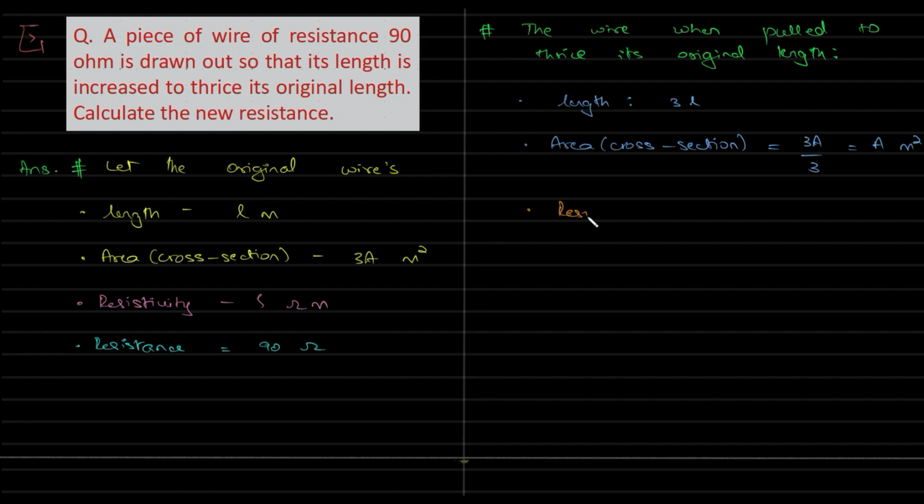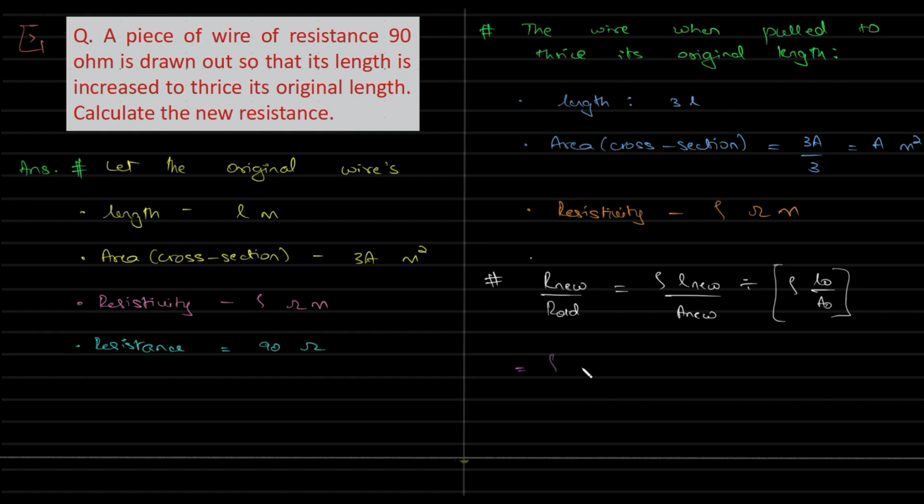So resistivity, what will happen to it? Nothing will happen to it. It will remain the same because it's the same material. While the resistance is what we have to figure out. So R new by R old. Here too we have to take the ratio. It's equal to rho L new by A new, divided with rho L old by A old.